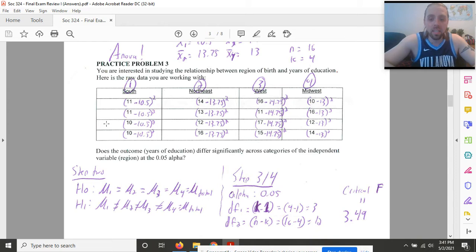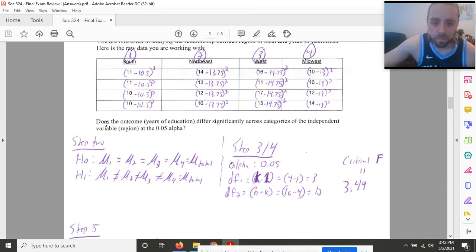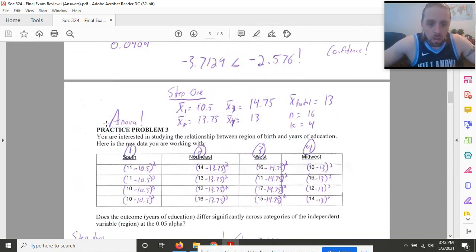It must be positive for DF 3, 12. And I have a critical F here of 3.49. I must calculate something that is larger than 3.49 if I would like to reject the null hypothesis. So, get to work.